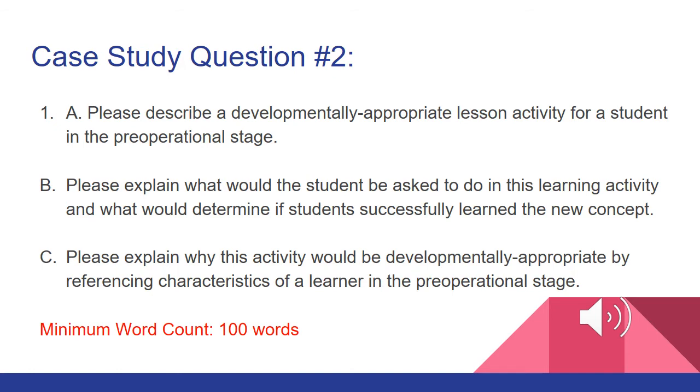Then, I want you to connect it back to Piaget's theories. How do you know for sure this is a developmentally appropriate activity and that the learner will be successful while they're seeing this information while they're in the pre-operational stage of their cognitive development?